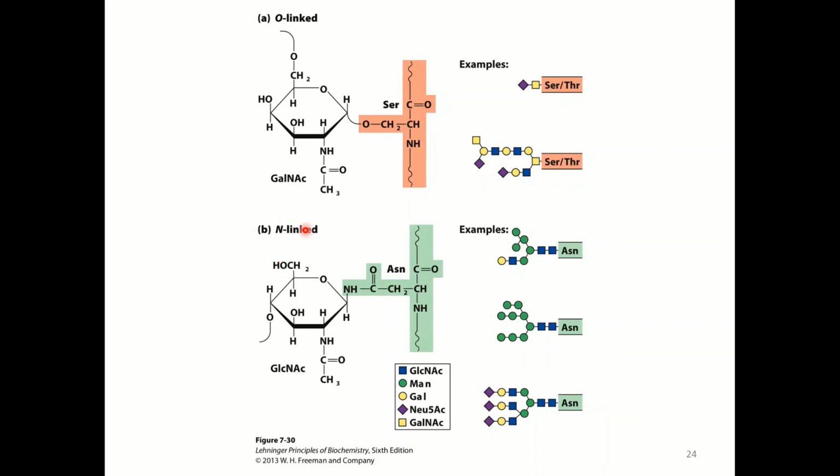The other way that it can attach is what's termed N-linked. Here we have a glucose with an N-acetyl group. It's attached at its anomeric carbon, but now it's attached to a nitrogen group, and that nitrogen group is going to be from the side chain of the asparagine amino acid.